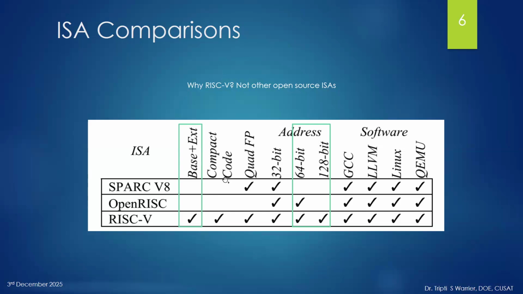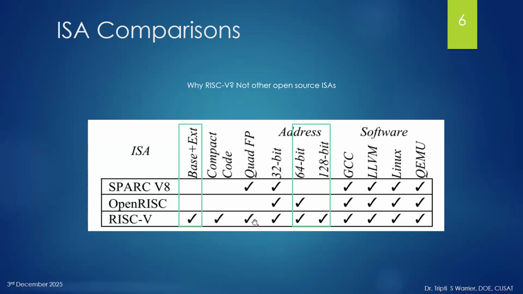Then compact code. Similar to the ARM ISA, where you have a 32-bit and a 16-bit ISA with compressed instructions, which allows high code density for embedded applications, RISC-V has a subset of instructions which use a 16-bit representation. So you can have high code density there.